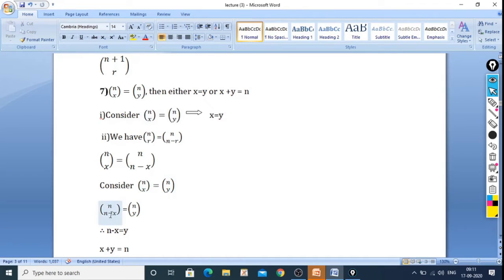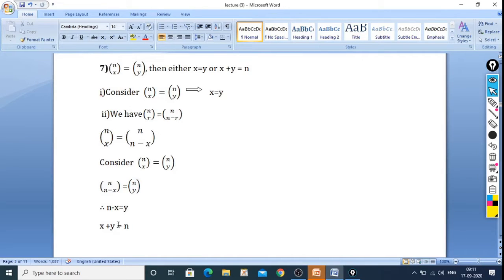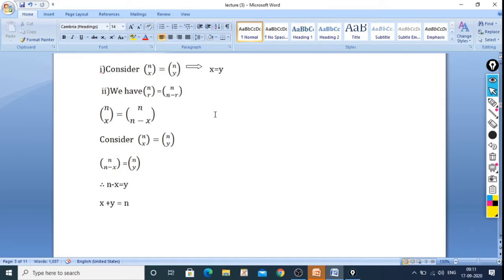Same logic here we can use, n same. So n minus x must be equal to y. So n minus x is equal to y, and therefore take this x to the RHS, minus x will become plus. So n is equal to x plus y, or x plus y is equal to n. So from this 1 and 2 we are having either x is equal to y or x plus y is equal to n.